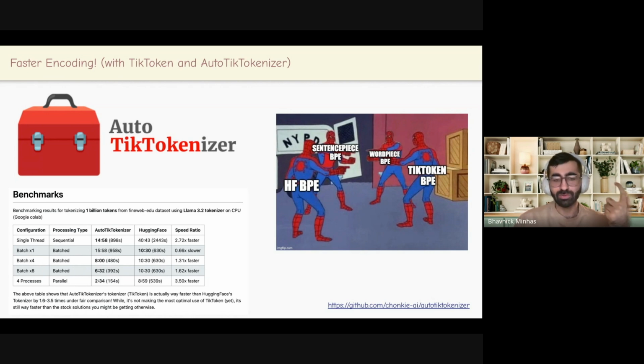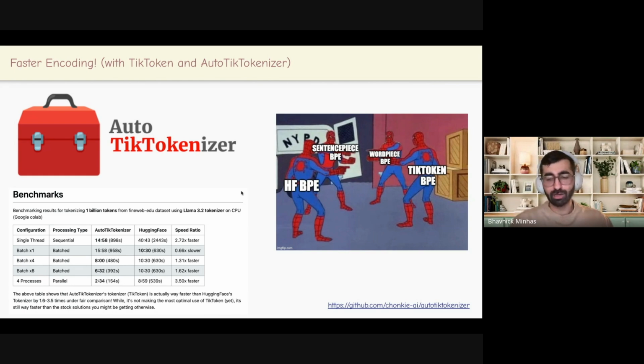The difference was that with Chonkie, I was using a Llama 3.2 tokenizer with Hugging Face, and with LangChain, I told it to use Hugging Face and passed in the Hugging Face tokenizer. But internally, it was using a TickToken tokenizer for GPT-2, a completely different model. It was really cumbersome to make it use the Llama tokenizer instead of the GPT-2 tokenizer. It was a pull request from months ago that hadn't been merged at that point. So that's how I noticed how different the speeds of TickToken and Hugging Face are.